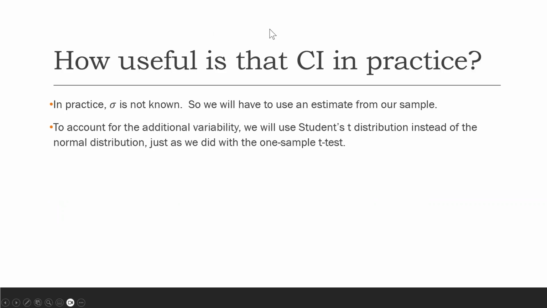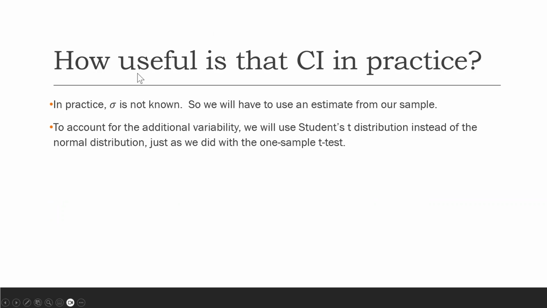Now, just as was the case when we dealt with hypothesis testing, this confidence interval is not all that useful in practice because sigma is not known, right? So what we're going to do is we're going to use our sample standard deviation in the place of sigma in our formula for our standard error, which introduces additional variability in our estimate, right?